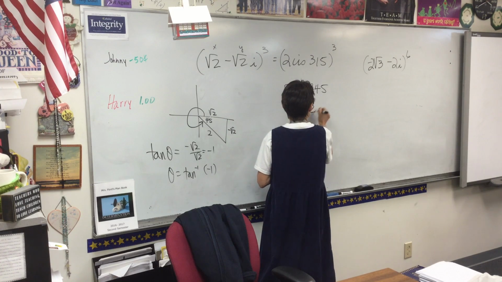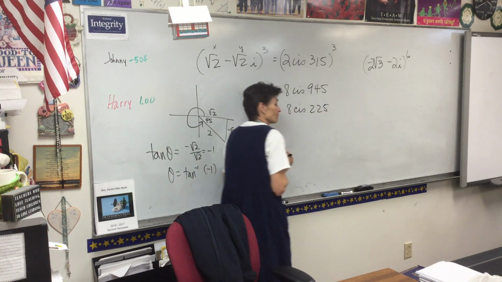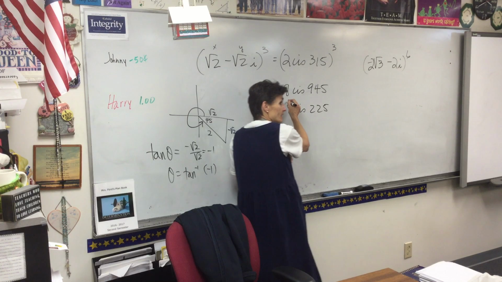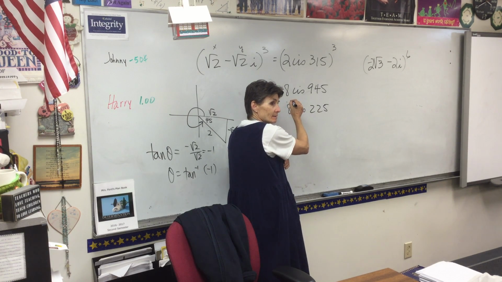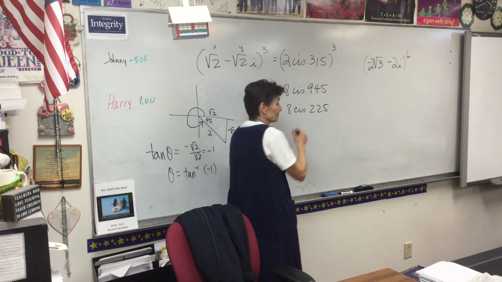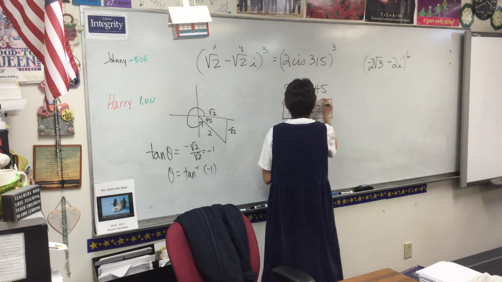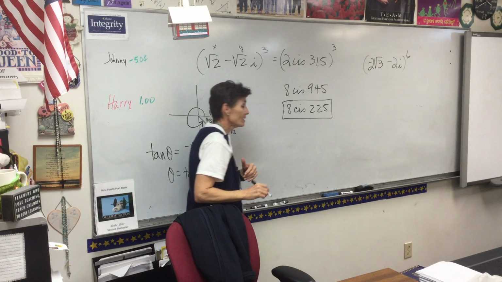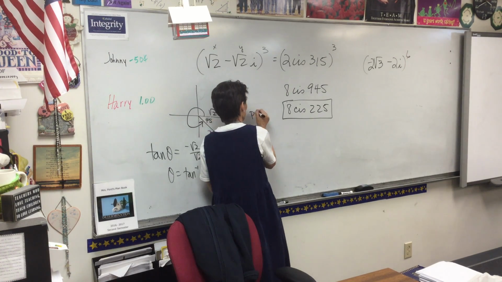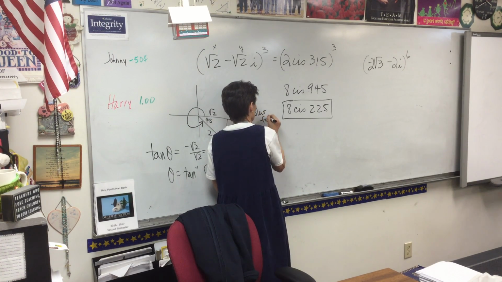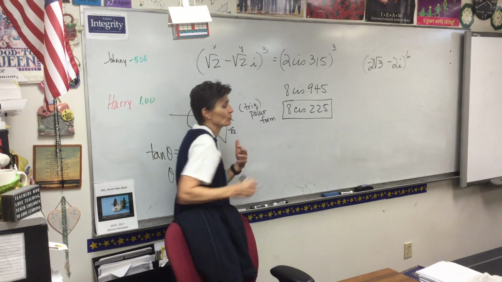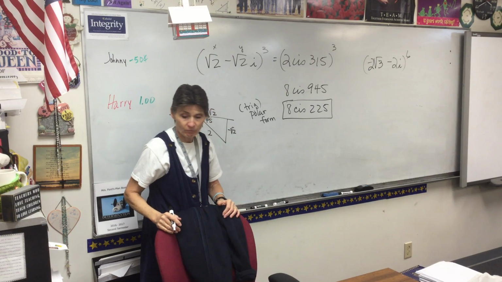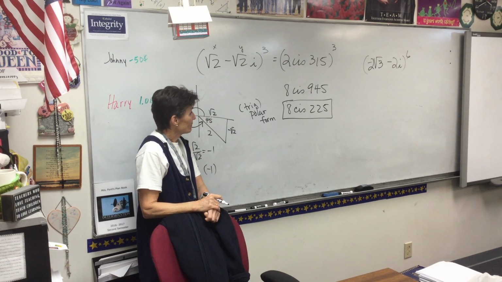Does that come down to 225? Yeah. This is the polar form answer, or trigonometric form. You have to get used to both of those words. It's called trigonometric form or polar form. That's the answer.